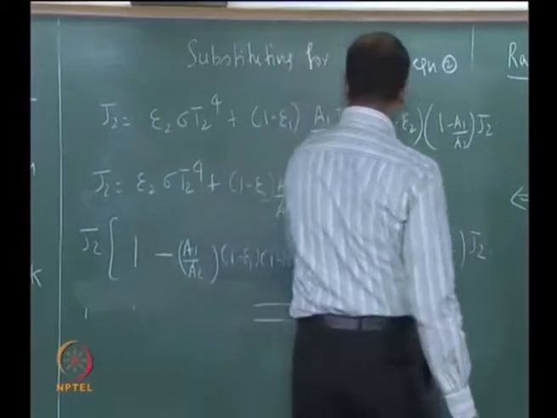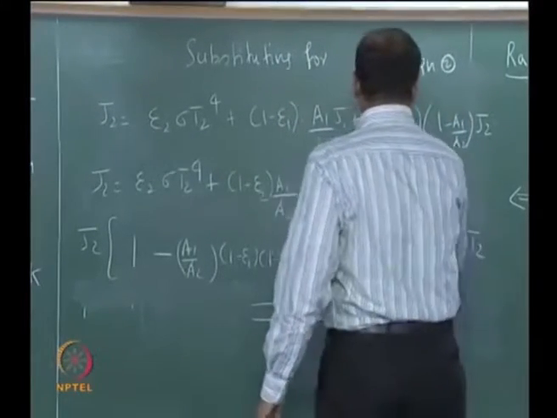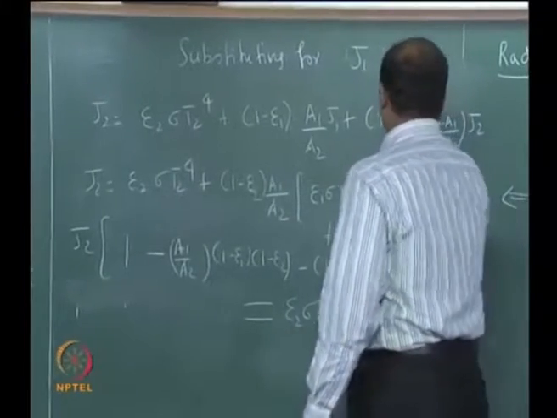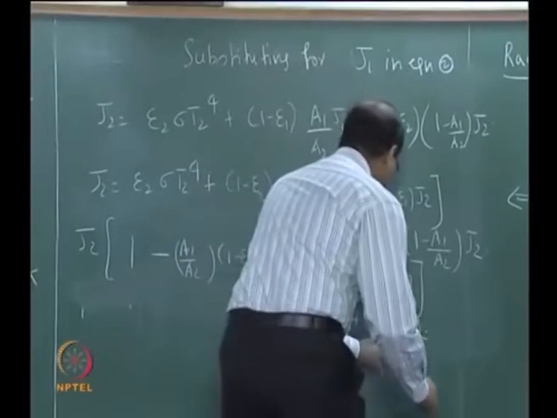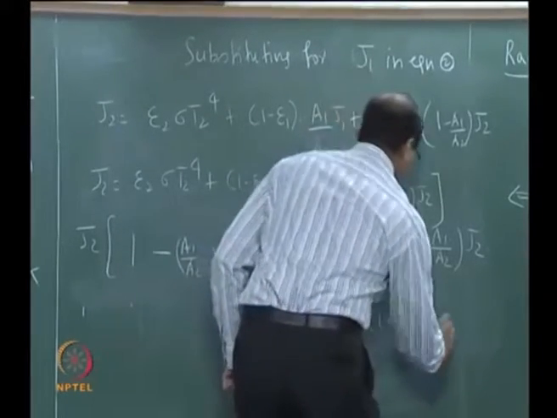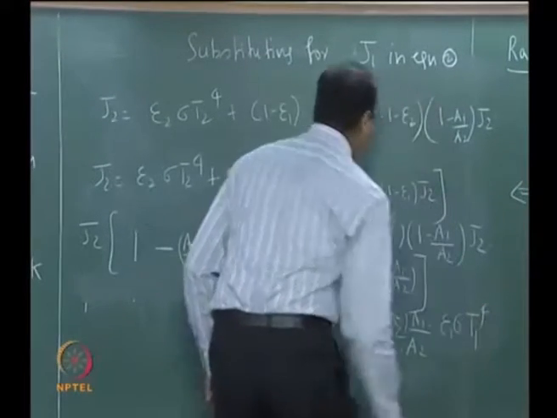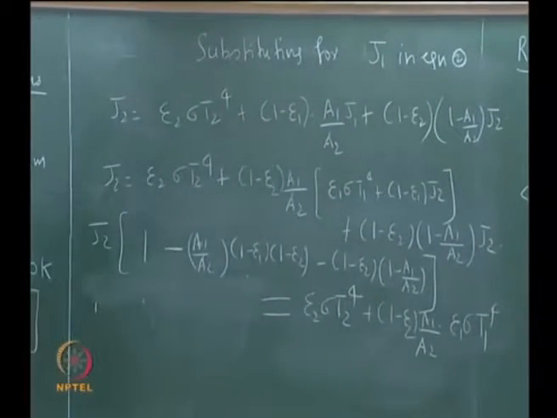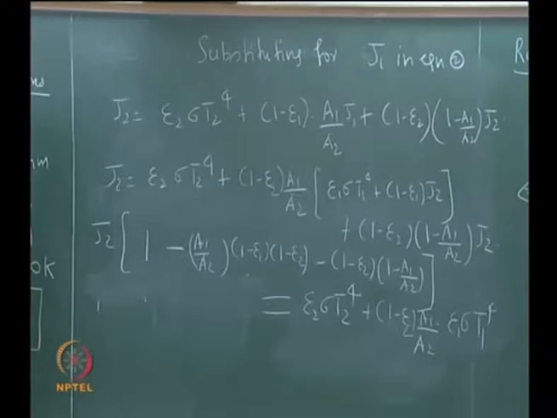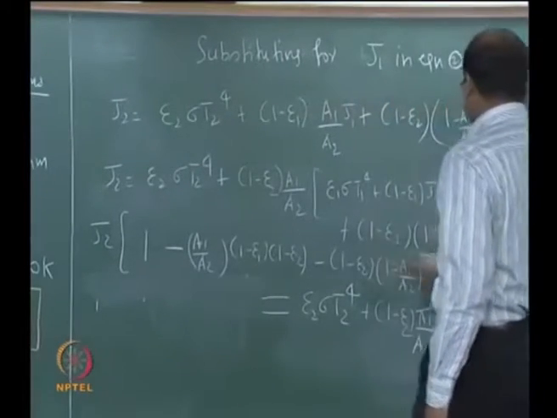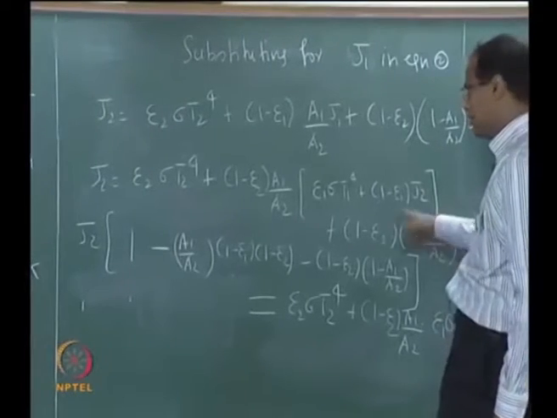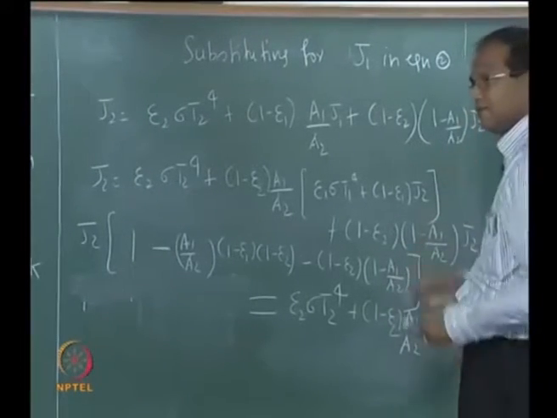Yeah, here I have written correctly. What about this? 1 minus epsilon 2 square? No, this is different. Fine. 1 minus epsilon 2, epsilon 2 sigma T2 to the power of 4 plus 1 minus epsilon 2, right? Epsilon 2 sigma. That's it. Anything else? There are only 2 terms, right? How many terms are there totally? 1, 2, 3, 4. Correct? So you have taken 2 terms on the left side and 2 terms on the right side. Should be fine.